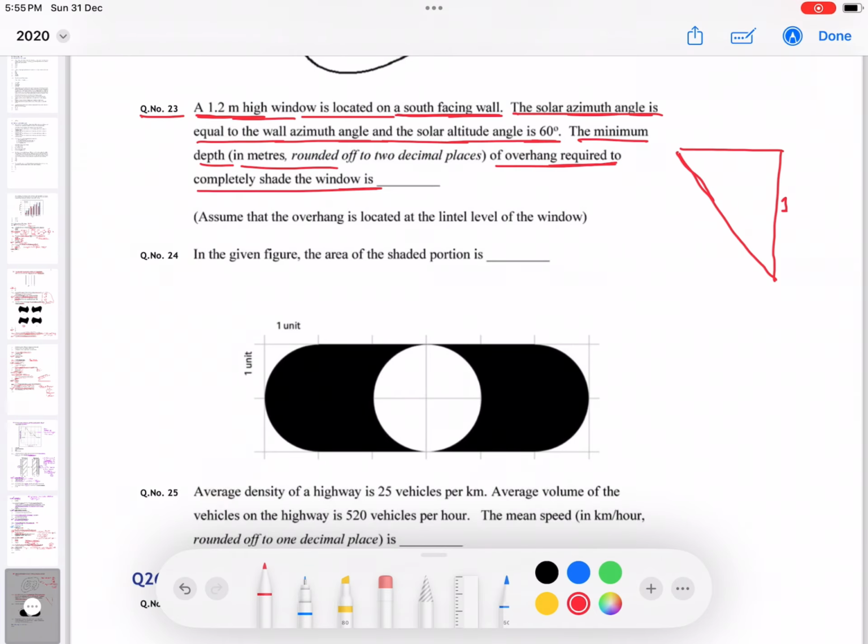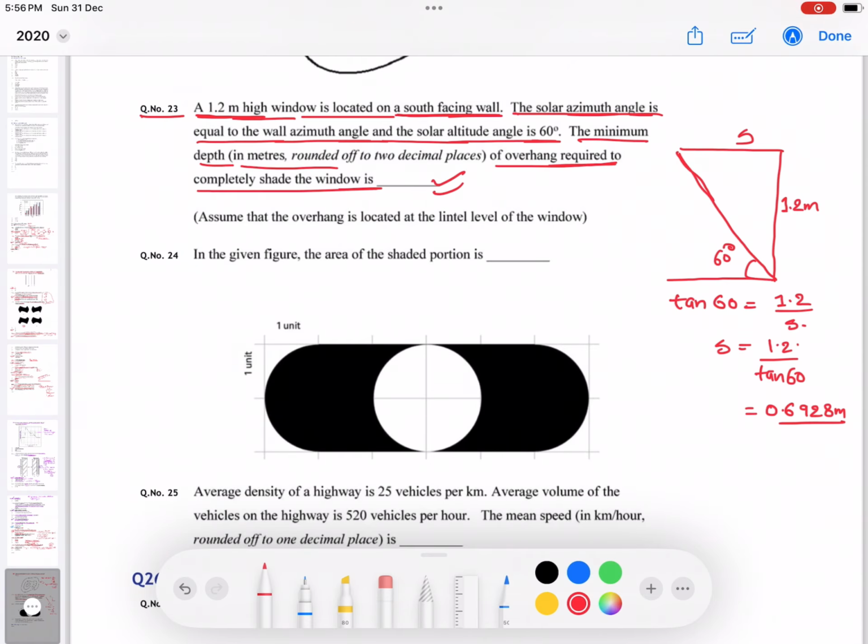So it is 1.2 meter, and this is making a 60 degree angle as they have given it. So it's easy. tan 60 equals 1.2 upon s. So s equals 1.2 upon tan 60, which gives us 0.6928 meters.